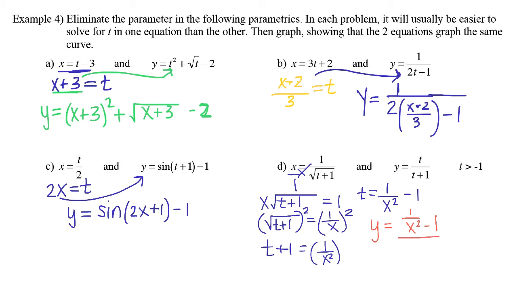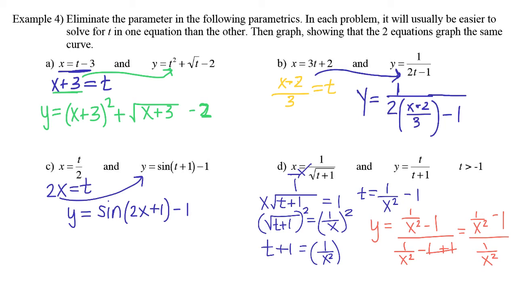And then that's all over 1 over x squared minus 1, and then plus 1. And we can leave it like that, or you can go ahead and say, well, that's 1 over x squared minus 1 all over, and then those ones would cancel, 1 over x squared.